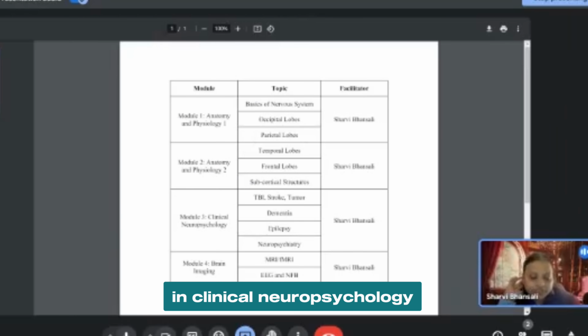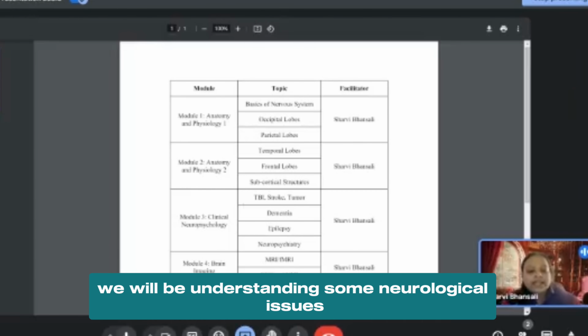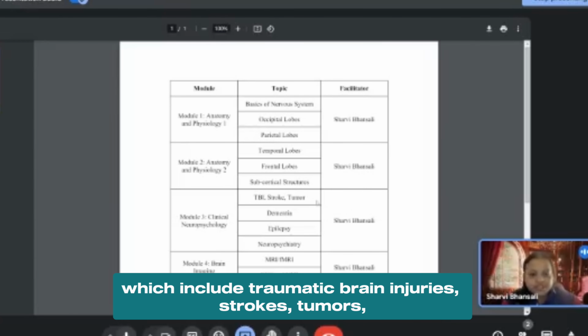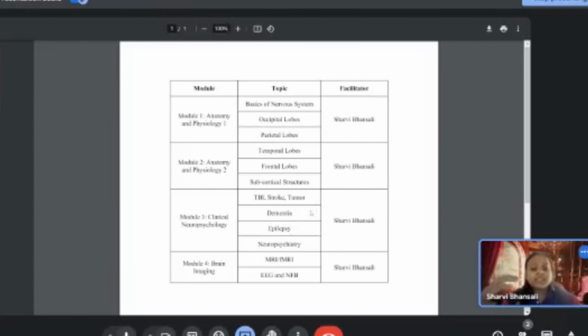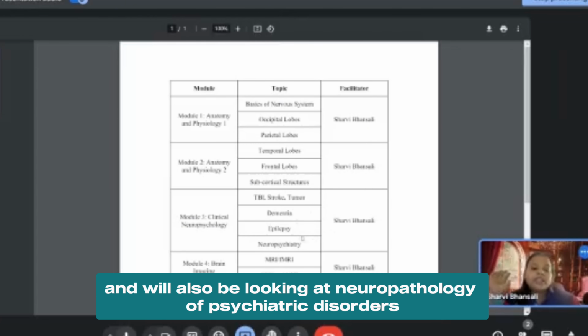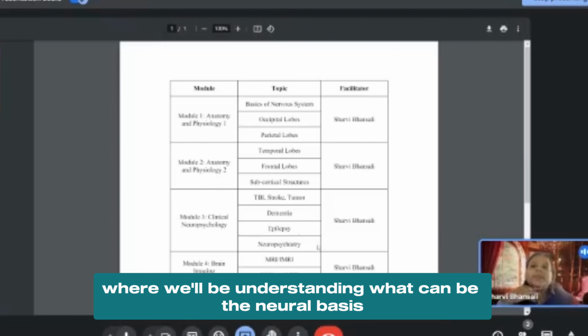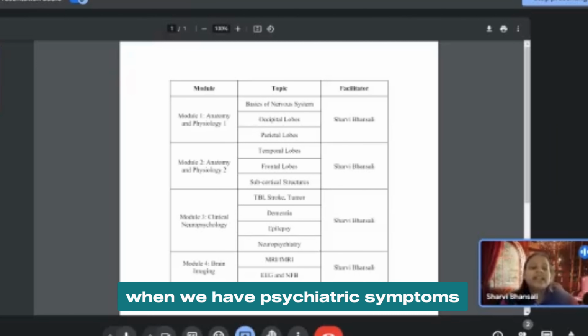In clinical neuropsychology we will be understanding some neurological issues, which include traumatic brain injury, strokes, tumors, dementia, epilepsy, and we'll also be looking at neuropathology of psychiatric disorders. It'll be a brief topic where we'll be understanding what can be the neural basis when we have psychiatric symptoms.